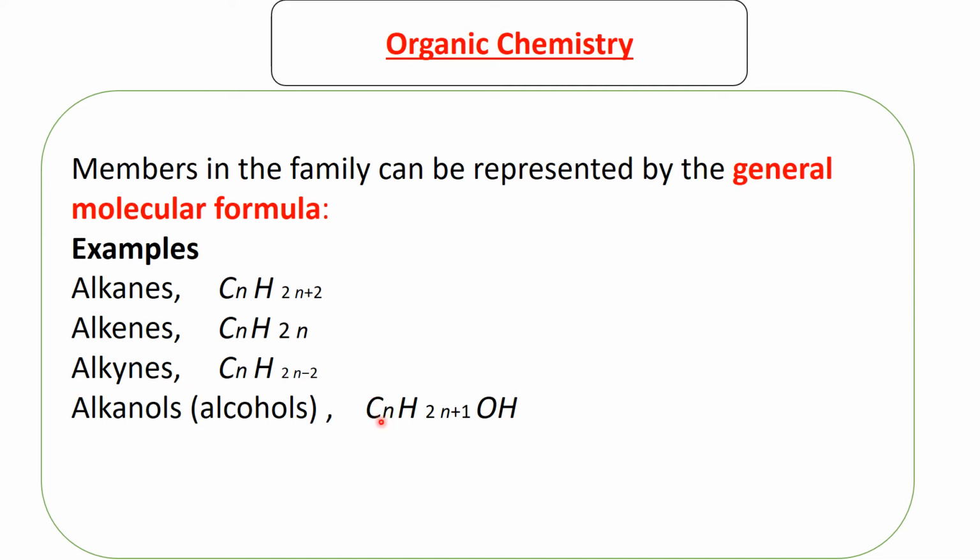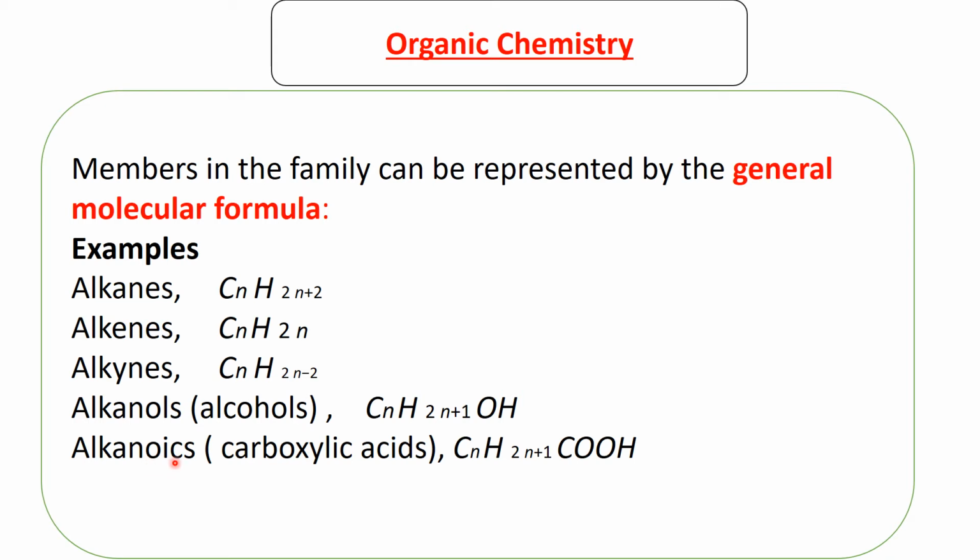So if we have 2 carbon atoms here, then the number of hydrogen atoms is going to be 2 times n plus 1, or 2 times 2 plus 1, which is 5. So we're going to have 2 carbon atoms, 5 hydrogen atoms, but the OH will still be here. This OH is a functional group, as we are going to see later.